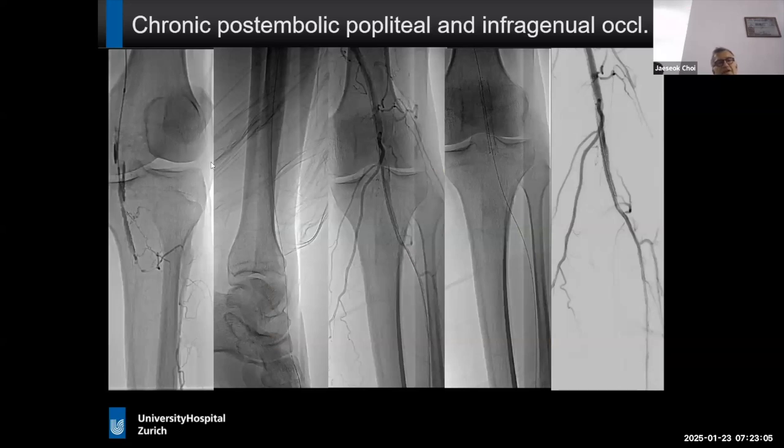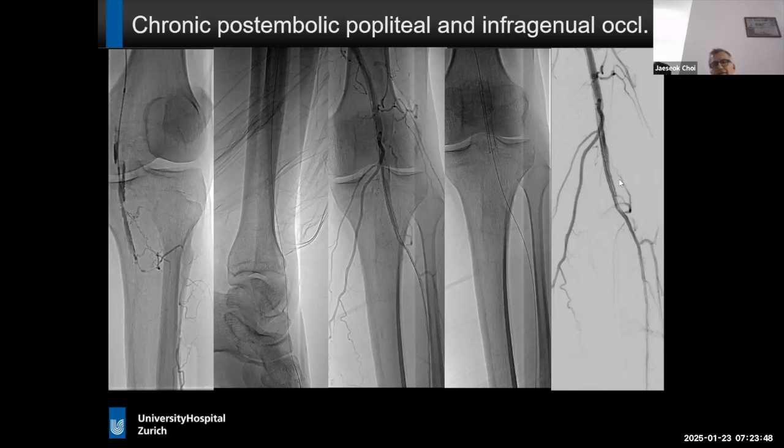So I tried to recanalize the popliteal artery, and I got down here, and as you see here, it's probably been dissected, and the anterior tibial artery is not well seen, as it's filling essentially by collaterals, which are not depicted when you inject your contrast distally. And eventually, we did a retrograde puncture of the dorsal pedal artery here, went all the way up here, and connected the anterior tibial to this artery here, then stented that presumed dissection of the popliteal artery.